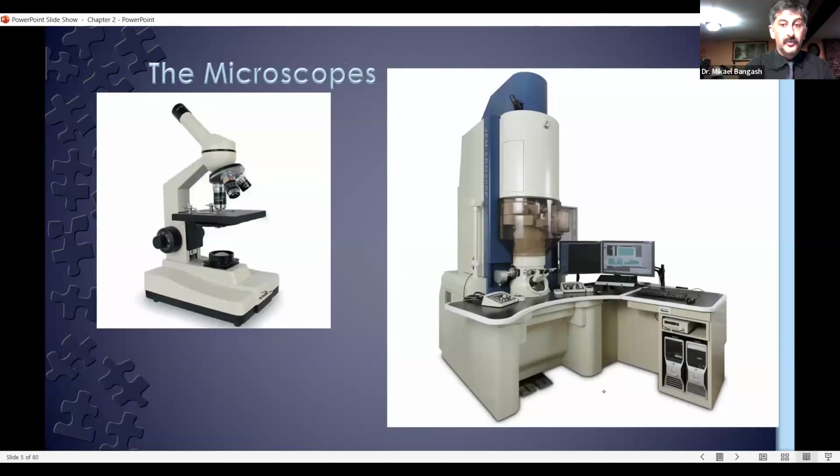Just look at these two here. This one is a regular microscope, what you may know from your science labs in schools. So this is a light microscope. And this is an electron microscope.